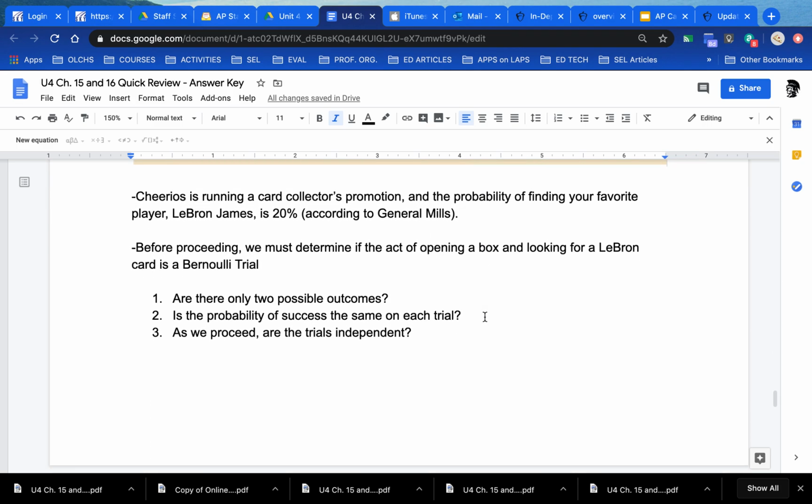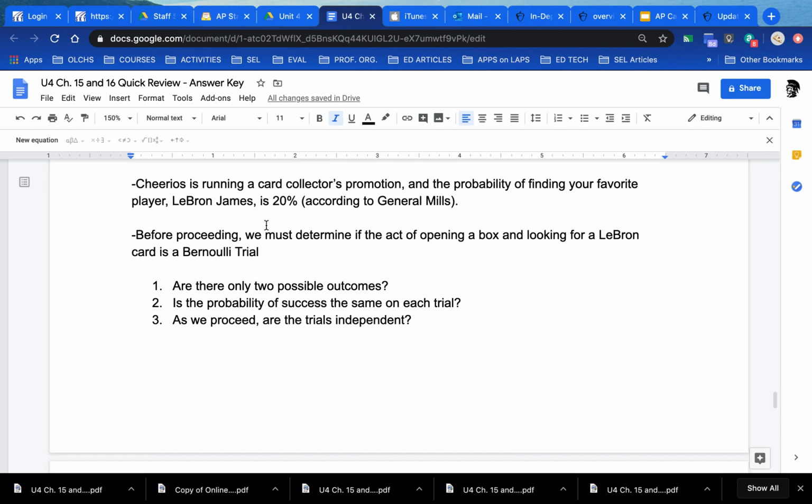Let's say Cheerios is running a promotion. You want to get a LeBron James card, and there's a LeBron James card in 20% of Cheerios boxes. First of all, this sounds like a Bernoulli trial because there are only 2 possible outcomes. Each time you open a box, you either did or did not get the LeBron card. Is the probability of success the same each time? Yes, it's 20%. Are they independent? Technically, you could argue that as you continue to open boxes, you potentially alter the percent because it's without replacement.